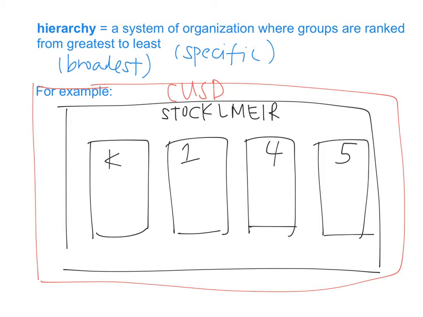No. But if I'm in fifth grade, does that mean I'm at Stockholmeyer? Yes. Now, within fifth grade, how can I break that down further? Classrooms. I could say you're in room 49, room 50, 51. So this is a hierarchy, going from greater categories to less, from broader to more specific. Does that make sense?